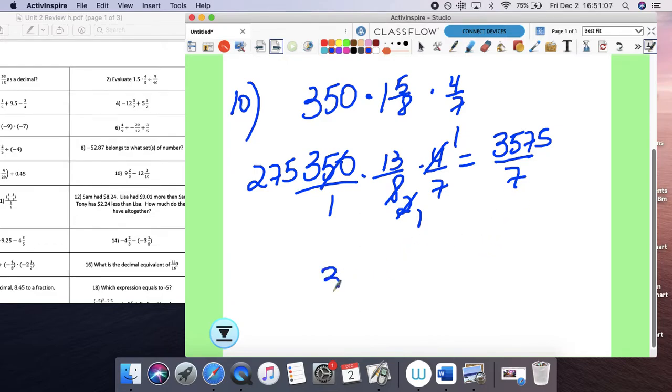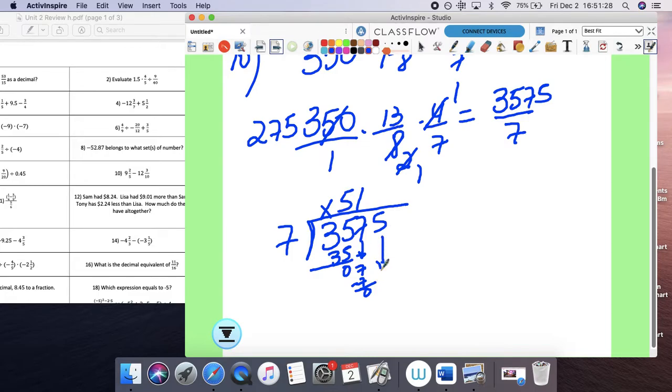And then I'm going to change that to a mixed number. The easiest way to do that, if you don't have a calculator, is to just divide. 3,575 divided by 7. 7 goes into 35 5 times. Subtract, you have a 0. Bring the 7. 7 goes into 7 one time. Subtract, you get a 0, thankfully.